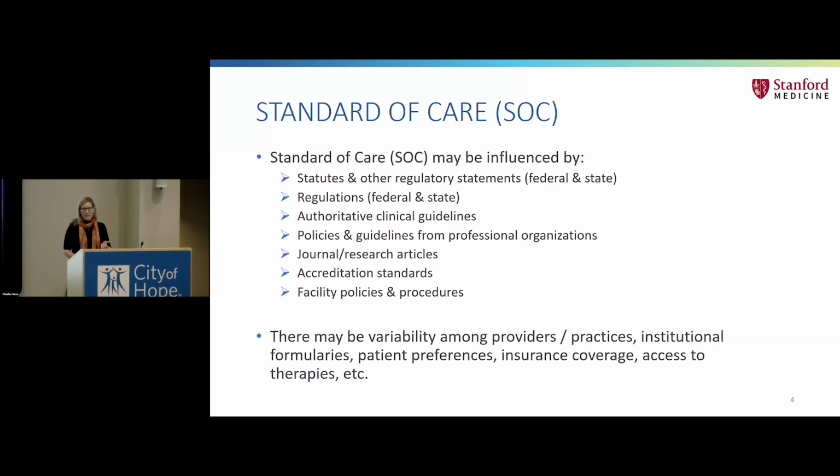Patients' preferences may also influence what the standard of care may be for them. What an insurance will cover will also have an impact, and whether or not certain institutions or areas have access to certain therapies. So those are all going to play into what is a standard of care within a certain area or region.